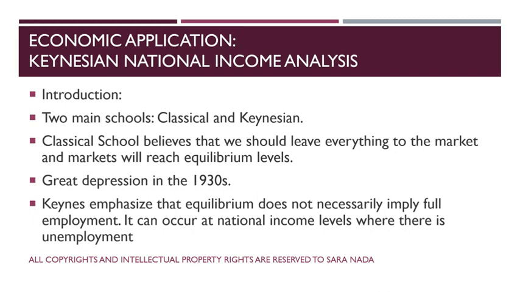Before going into the model itself, I'd like to give you an introduction about the economic thoughts or the schools of economics. As you know, there are two main schools, the classicals and the Keynesians. These two schools are the first two schools and they are the most common.